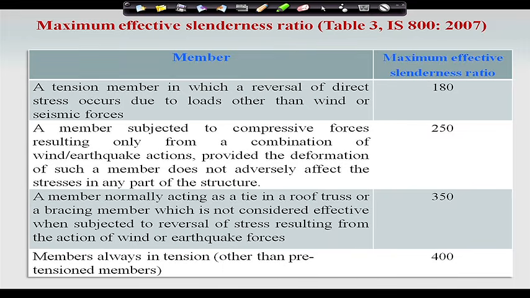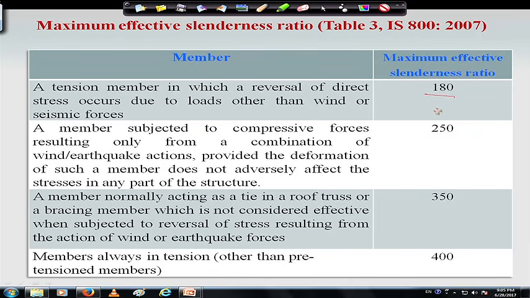So, we can calculate the effective slenderness ratio, and from that we have to check which condition it is coming under, then accordingly the maximum limiting value has to be checked whether it is okay or not.